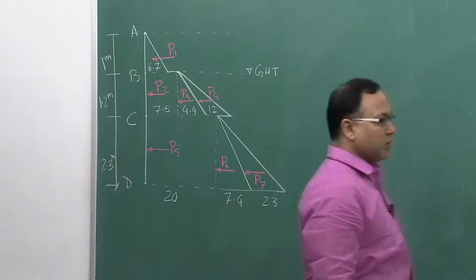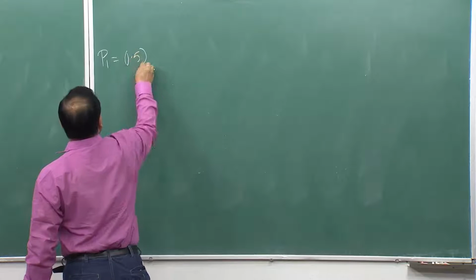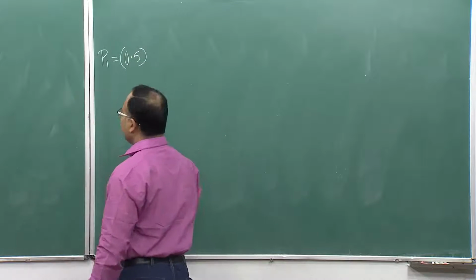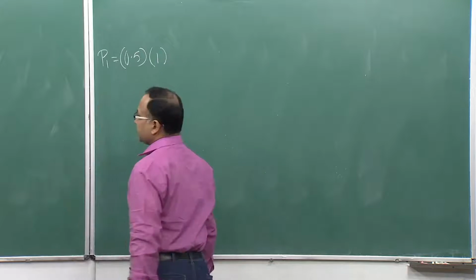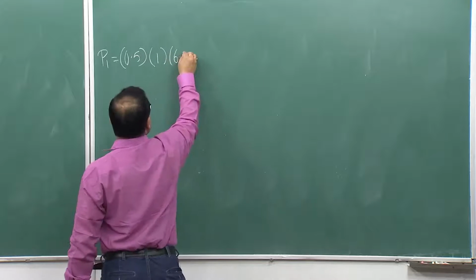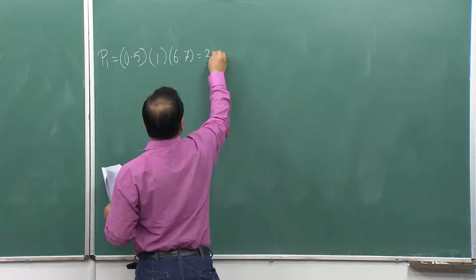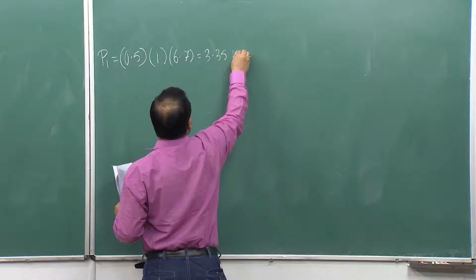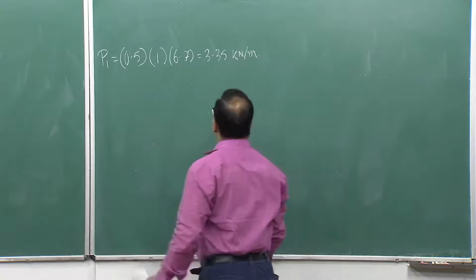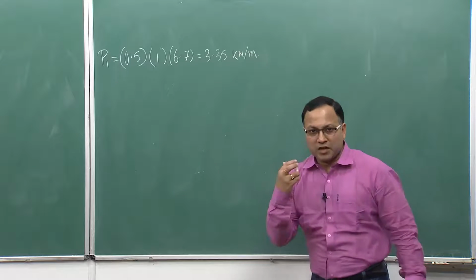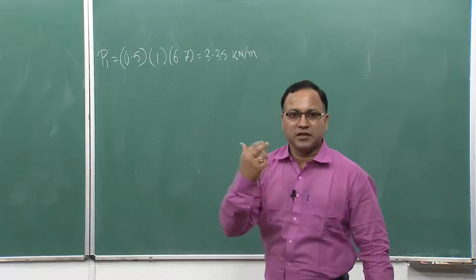So, P1 is 0.5, the area of the triangle, 0.5 into 1, that is the height, into 6.7, which comes as 3.35 kilonewton per meter run of the wall, because normal to the board you are having infinite length of the wall.